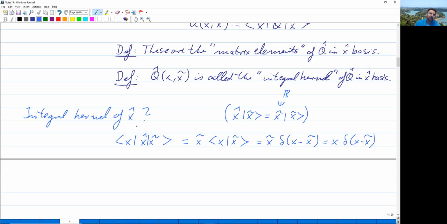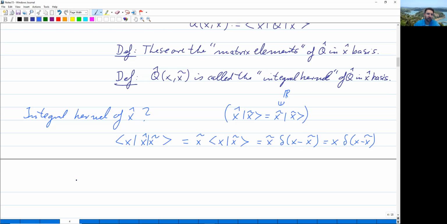Now what we notice here is that these matrix elements vanish when x is not equal to x tilde, right? Because we have the delta of x minus x tilde. So that means that, as far as we can speak of a matrix here, it is diagonal.